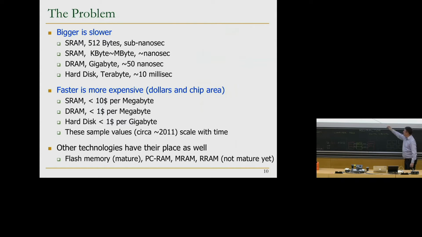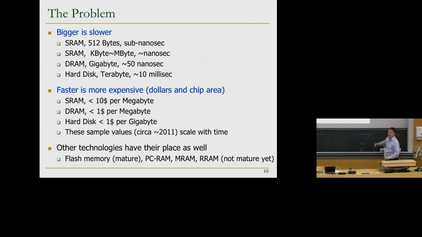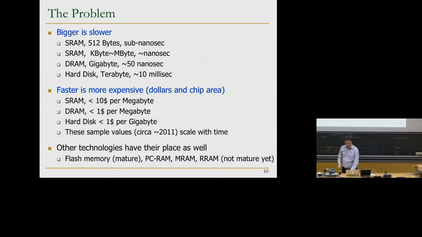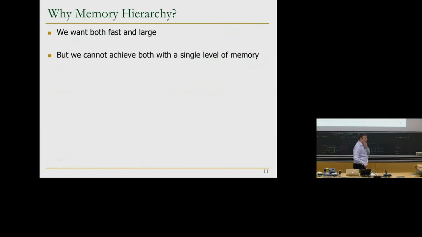These are active research, in the physics, where we are trying to find newer ways of storing and accessing data, and in the coming years, they will probably play a larger role.